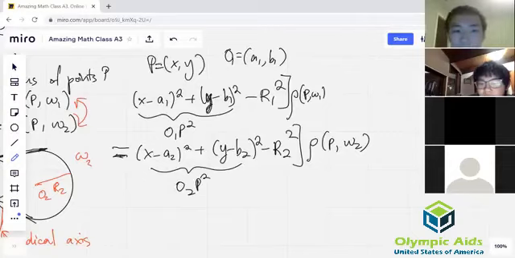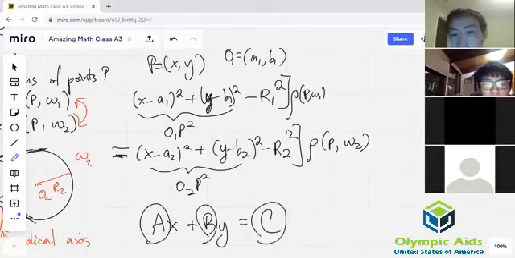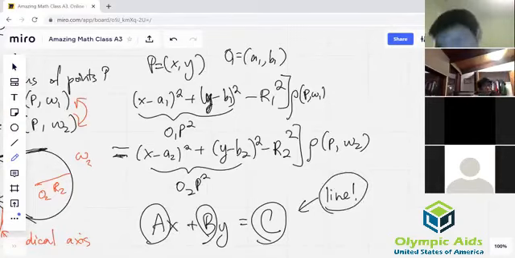If you expand this, you'll notice that the x squared terms cancel and the y squared terms cancel. So I'm going to get some equation ax plus by equals c for some constants. We don't really care what they are. What's important is that this is a line, which is quite surprising actually. But all the quadratic terms cancel off, so it's just linear.